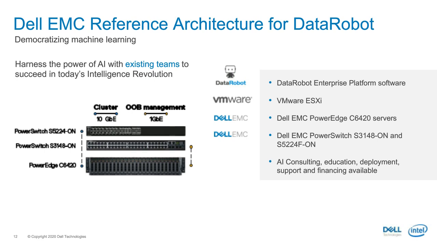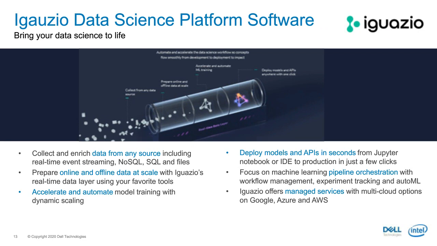So moving on, the second partner that I want to discuss is Iguazio. Iguazio is also an end-to-end data science platform. One of the key aspects of Iguazio is that it has pipeline orchestration built into it. So we talked about automation. Iguazio allows you to use a user-friendly environment which is integrated with its workflow management.